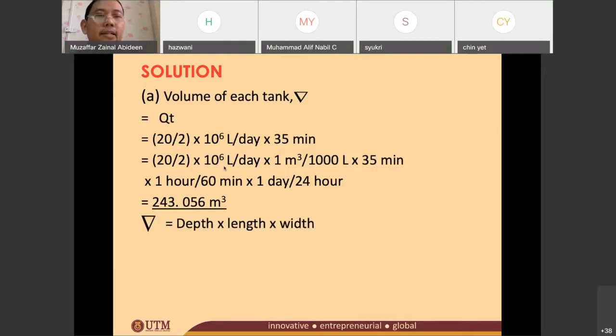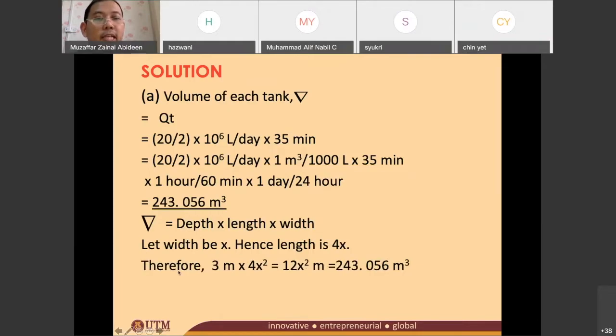The volume is depth times length times width. We already know the depth, which is 3 meters. Let the width be x, and hence the length is 4x. So the volume is 3 meters, the depth, times 4x squared, the length times the width, 4x times x. So 3 times 4x squared is 12x squared.